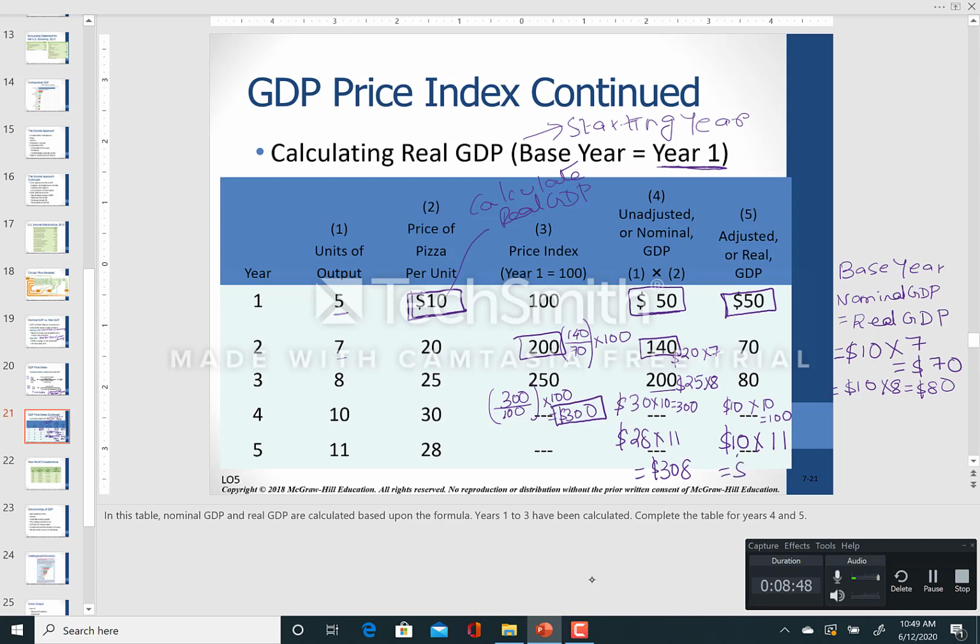That's gonna be 110. So we have 308 over 110 times 100. So this one's 308 nominal over real times 100, just strictly following the formula here. This is equal to 280. Okay, this is how we do all the calculation here.